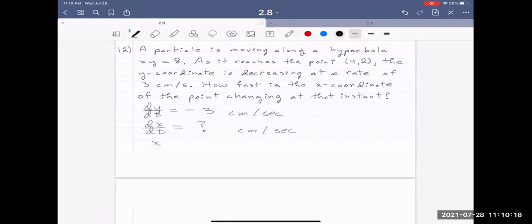So when x is 4, and this is going to be in centimeters, and y is 2, where we're traveling along this curve. Okay, so let's do that.